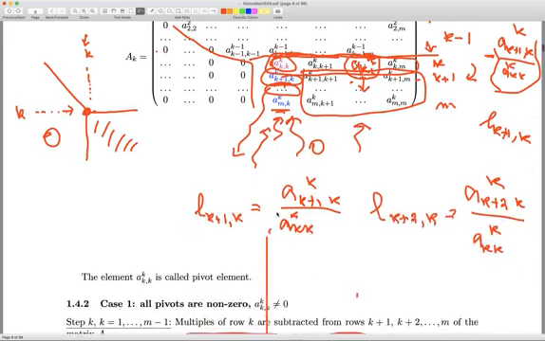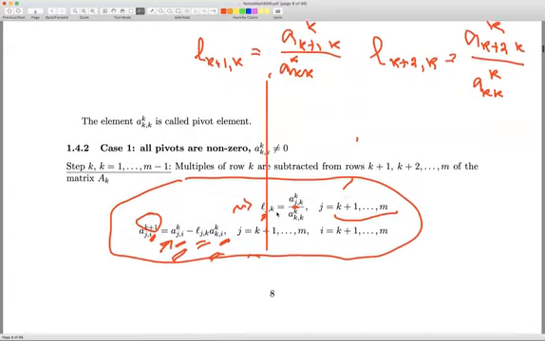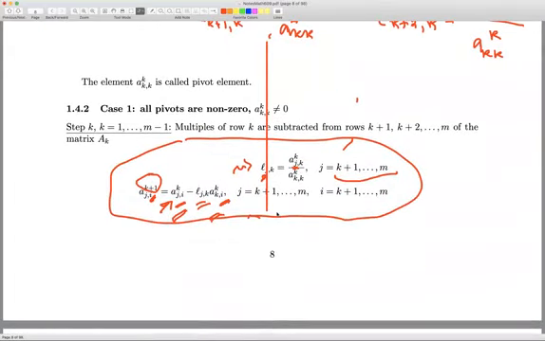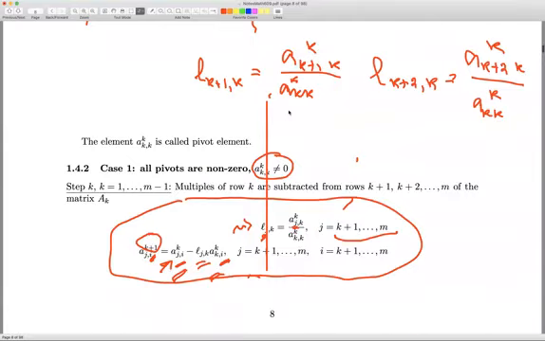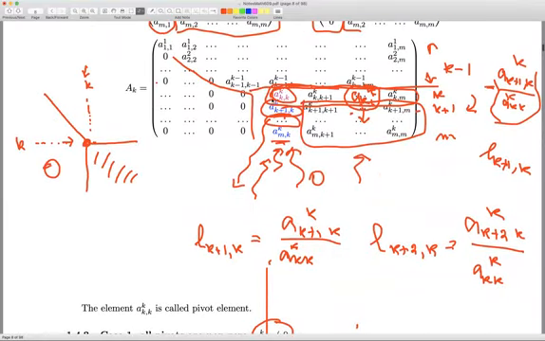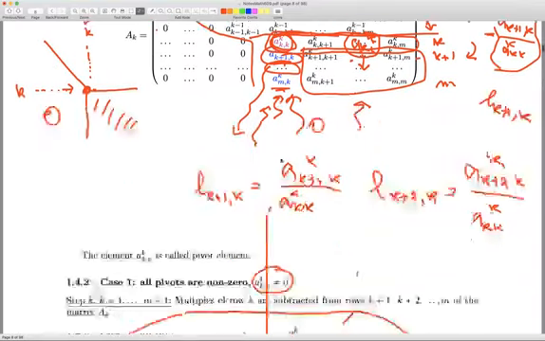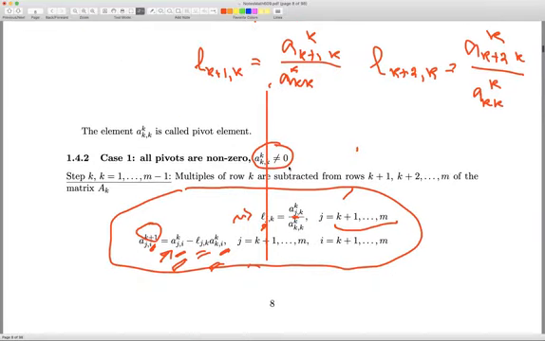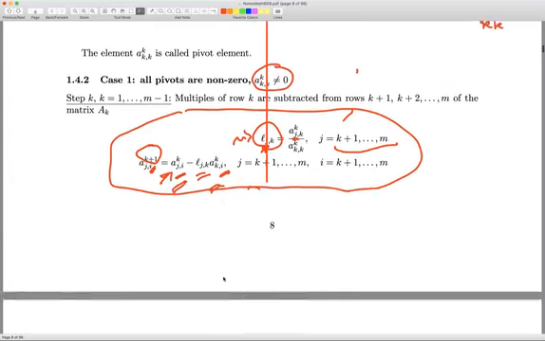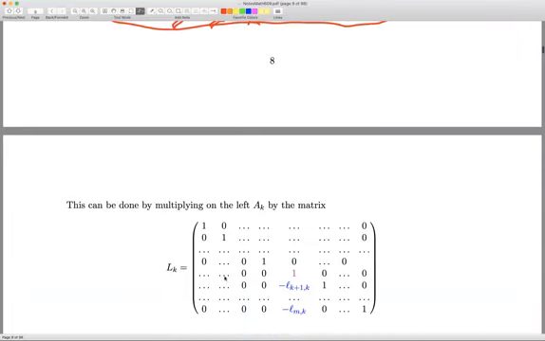This is the Gauss elimination. And this can be done only if every time, after every step, the pivot element that shows up, which is the element here in the corner of the submatrix, is a non-zero element. Only then can we compute the numbers L_jk.